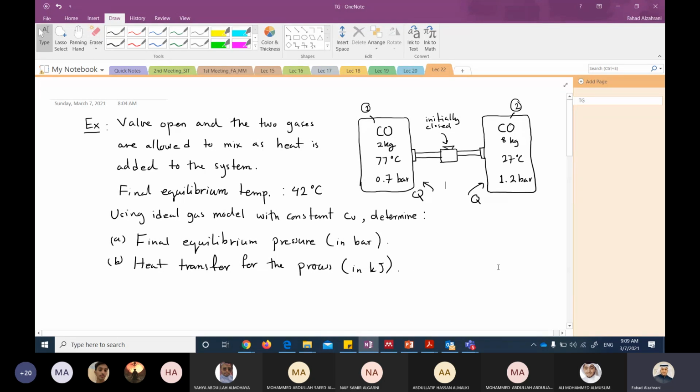Remember, this is ideal gas with constant specific heat. If you have a question, let me know.